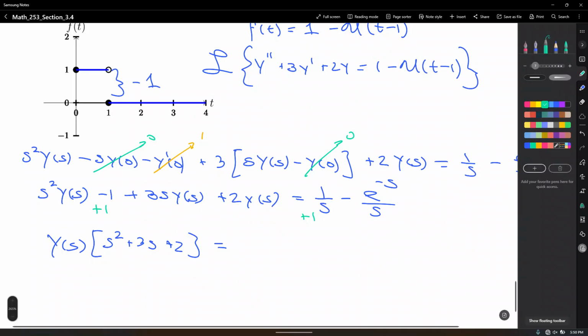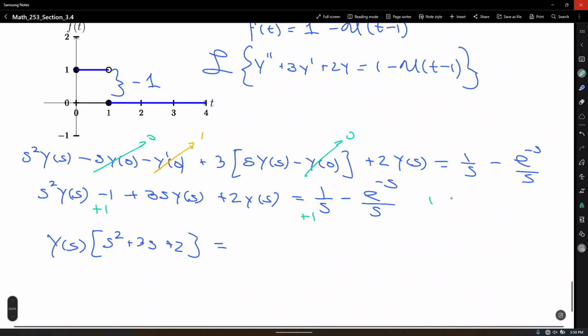Let me take a side trip here. Let me add 1 plus 1 over s. Divide by 1, multiply numerator and denominator by s. This would be s plus 1 over s. You guys agree with this? Because you want to have simplified fractions to better find the inverses.